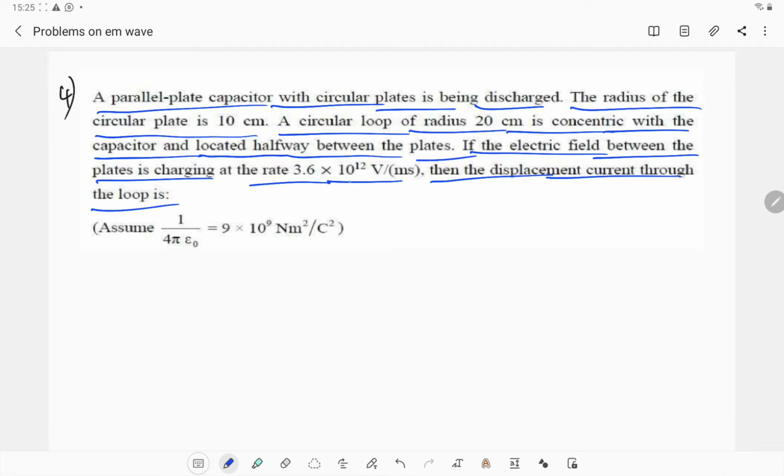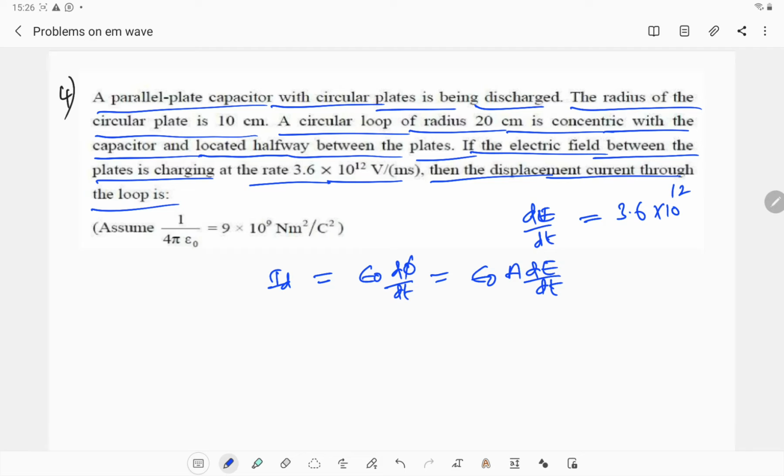Here 3.6 volt per meter second becomes dE by dt. dE by dt is given as 3.6 into 10 to the power of 12. Therefore, here I_D is equal to epsilon naught into d phi by dt. This becomes epsilon naught into A into dE by dt.